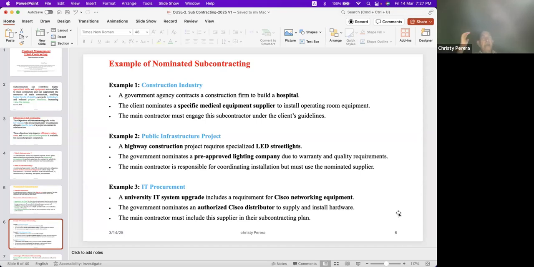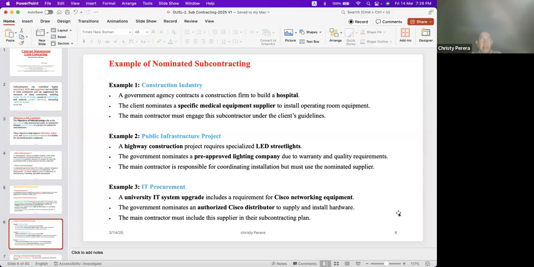But I can remember Colombo-Kurunegala, Colombo-Galle, you noticed it. You can't see street lights, very rare, here and there. So now we will take this example. In a highway construction project, the government requires specialized LED street lights.